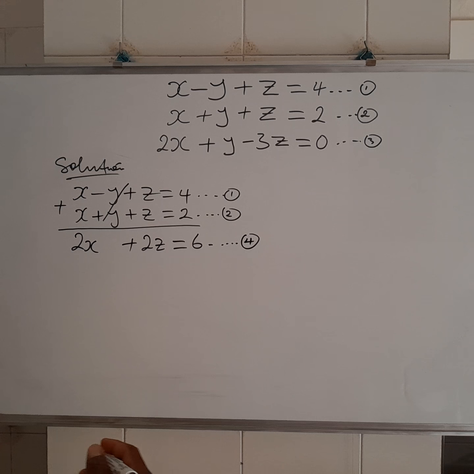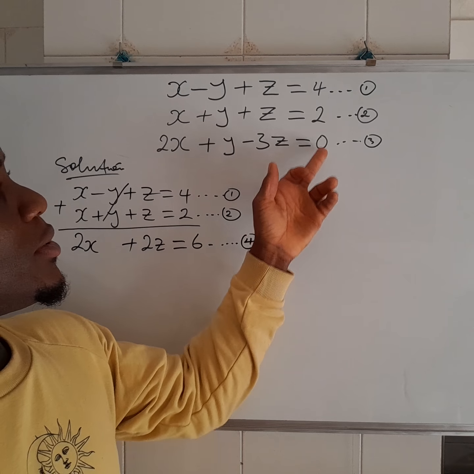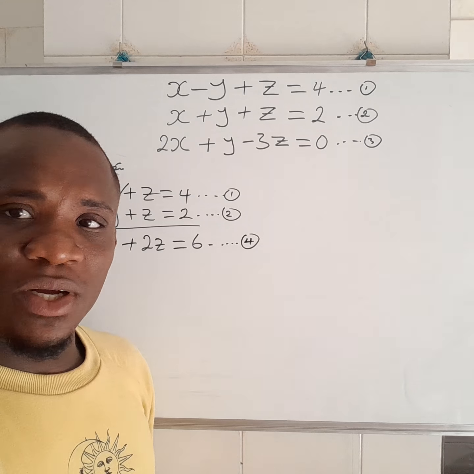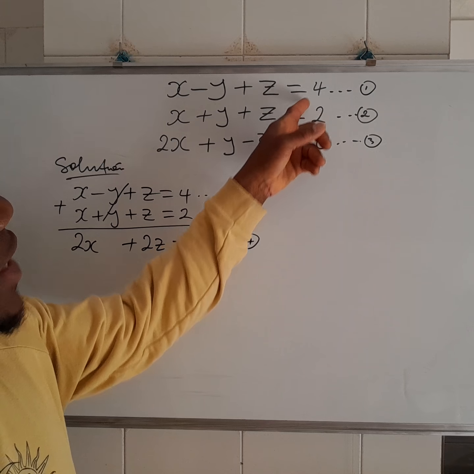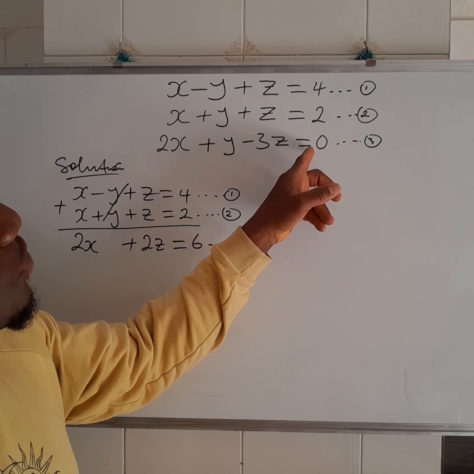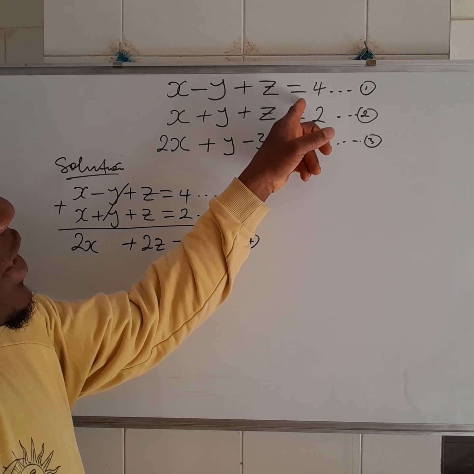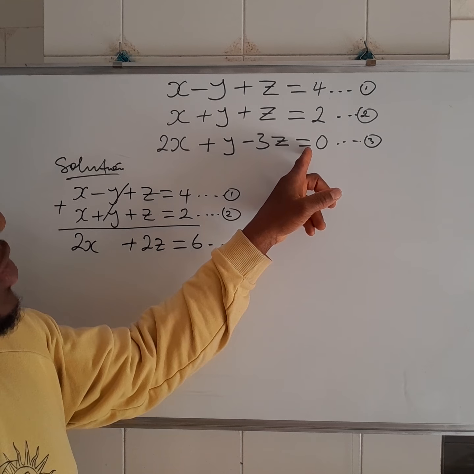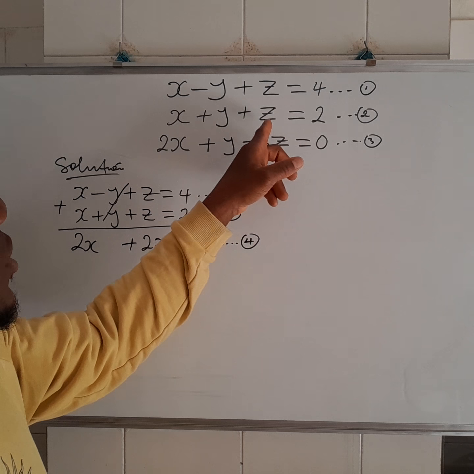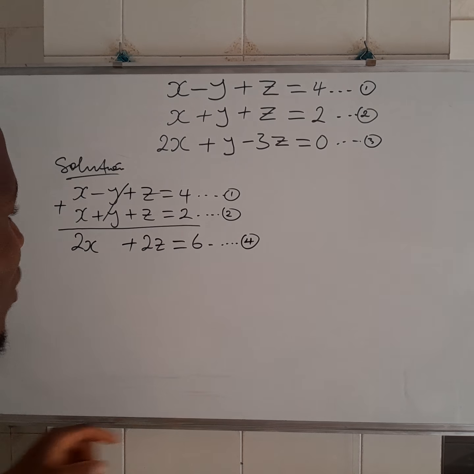So you go again to choose any two from the three equations. Because we have selected 1 and 2, we are now left with 3. So we can choose any of these, plus equation 3. So let us select equation 2 and equation 3.